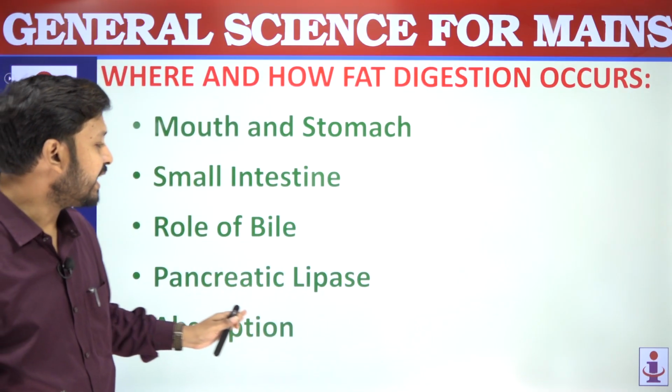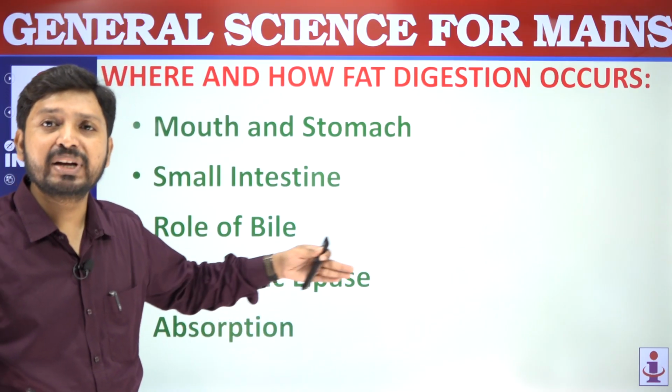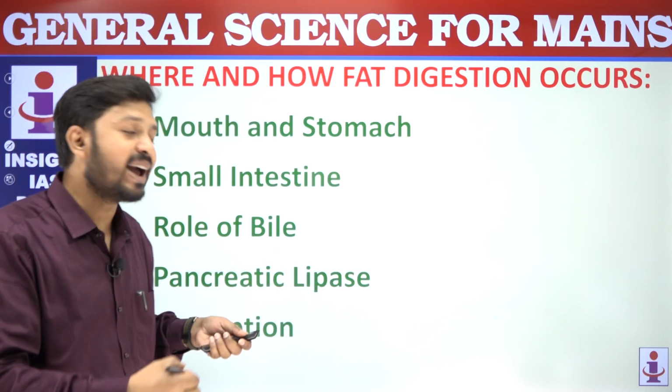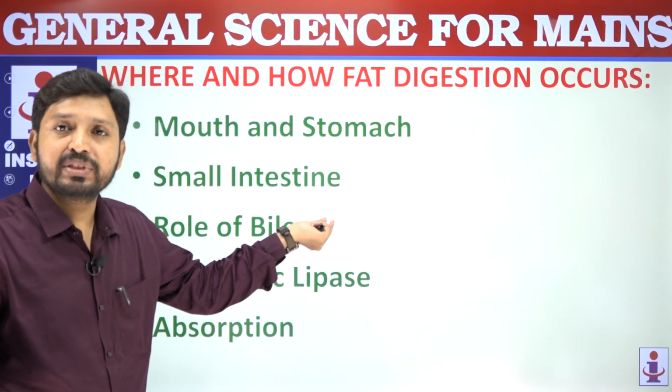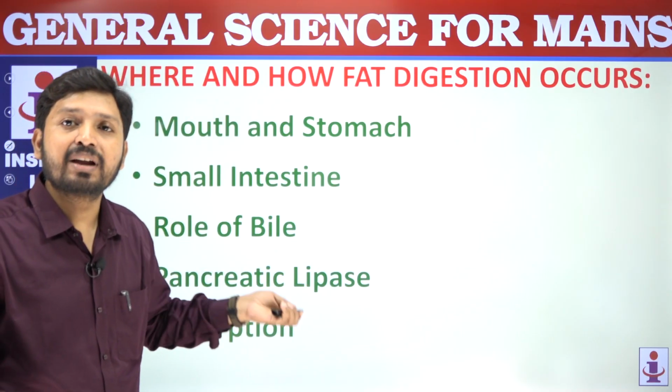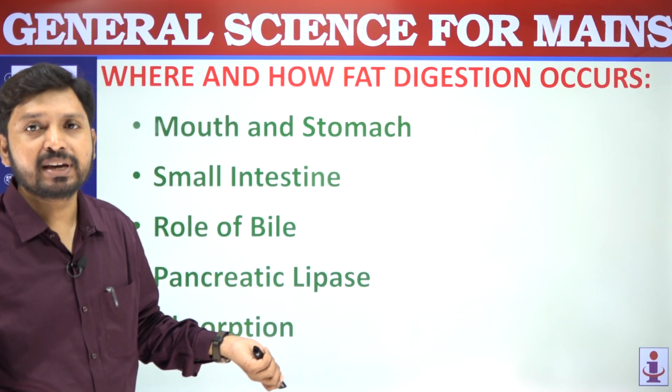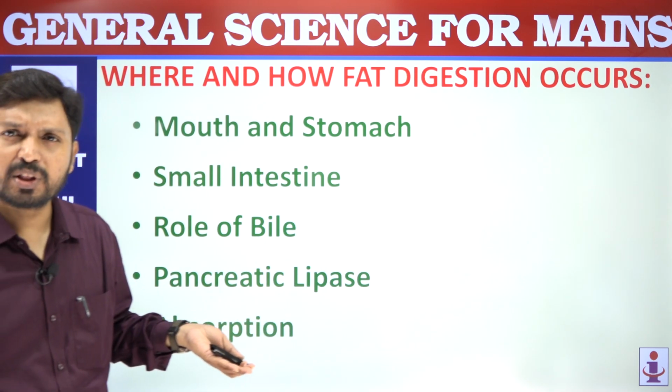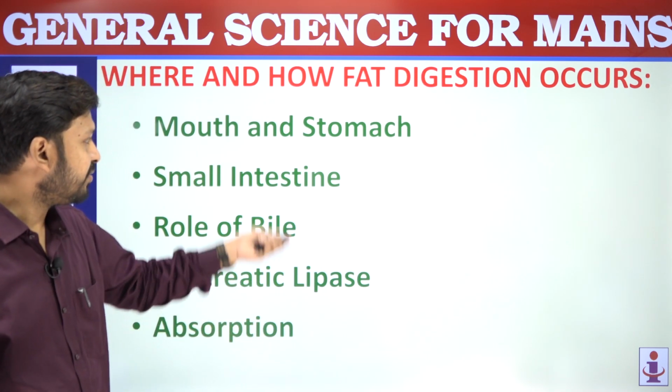After that, pancreatic lipase, which is also an enzyme, will be released and act on the smaller fat molecules, converting them into simple molecules like fatty acids. So these are the functions that take place.